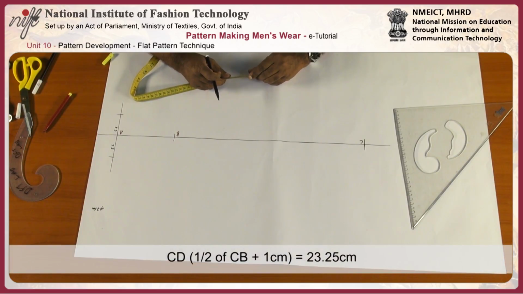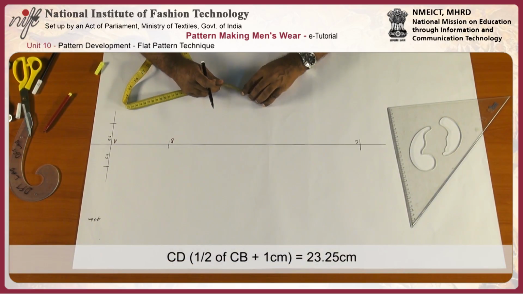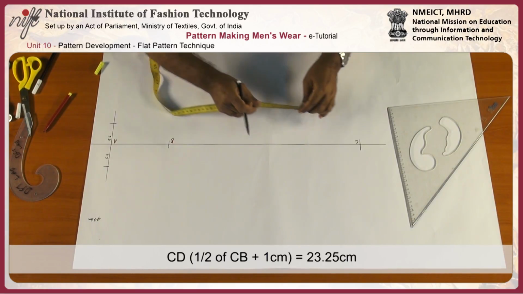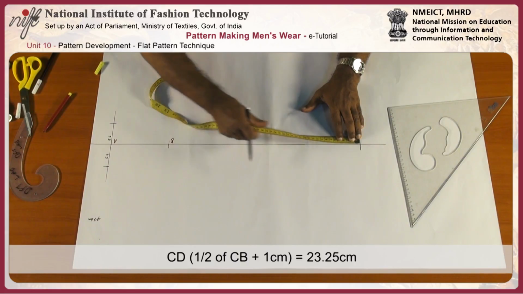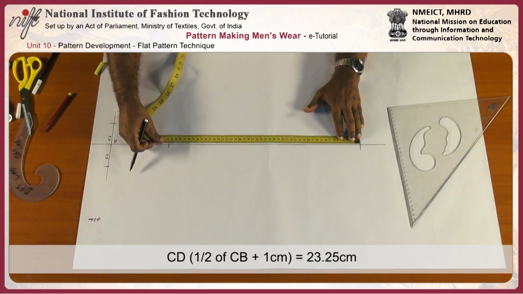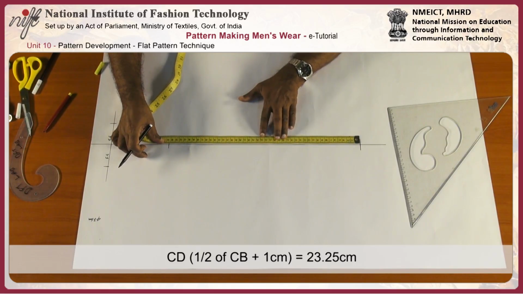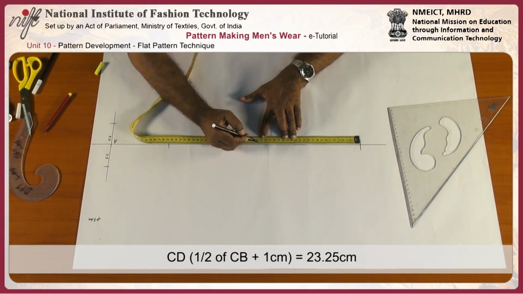C to B, half of CB plus 1 centimeter. That's 22.25 plus 1 centimeter, 23.25.